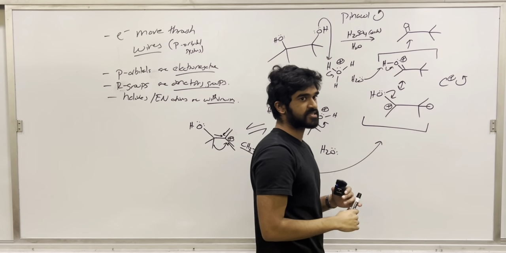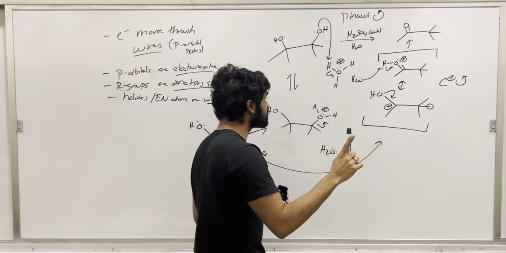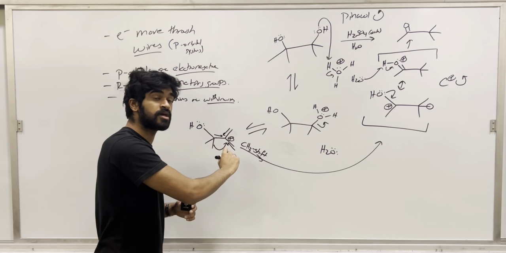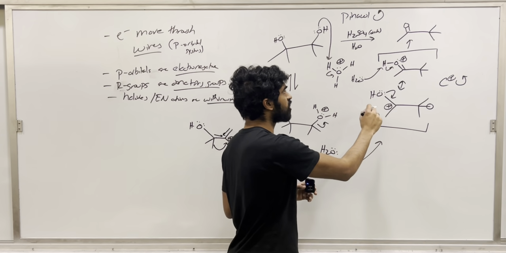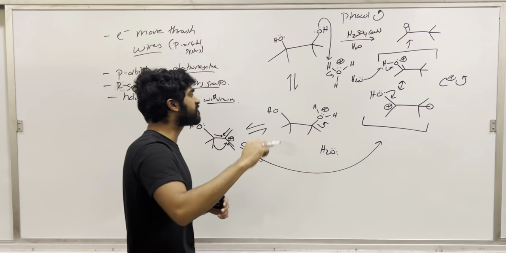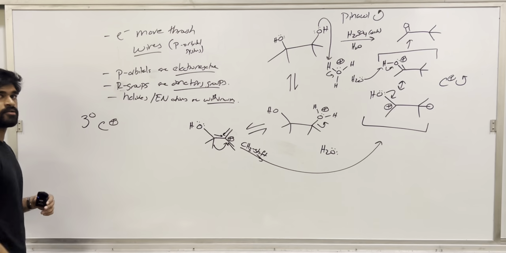Even resonance intermediates. And what this specifically tells you is that even though this is a tertiary carbocation, a secondary carbocation with resonance is still better. And even further than that, everyone thinks a tertiary carbocation is so stable.